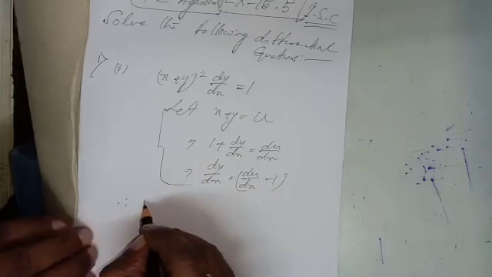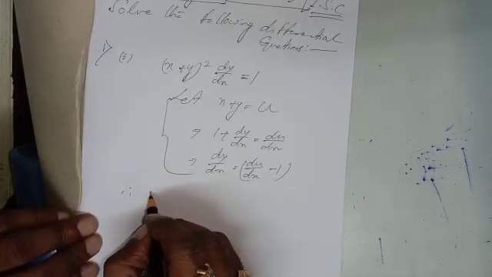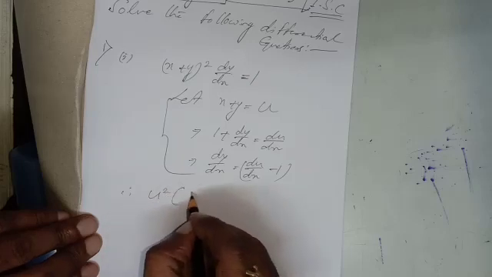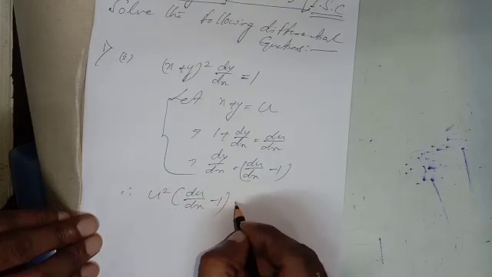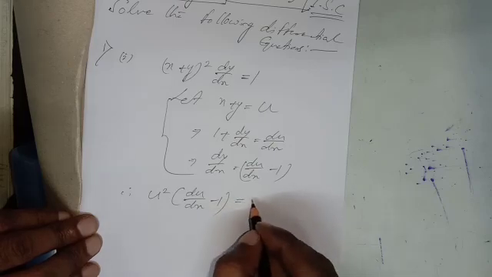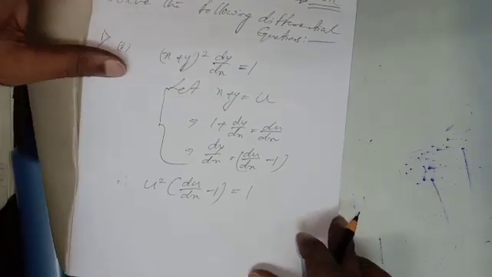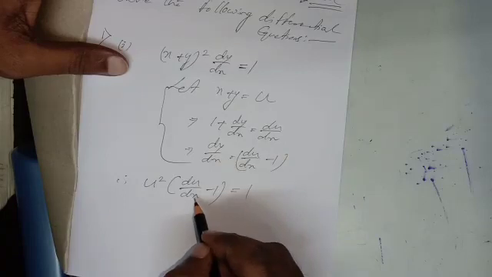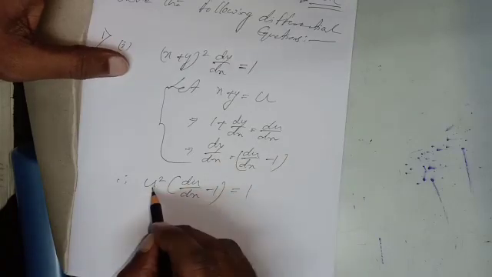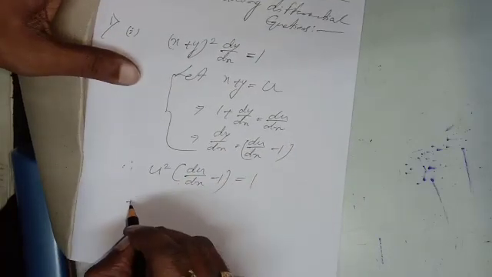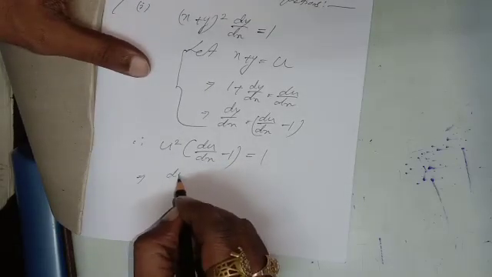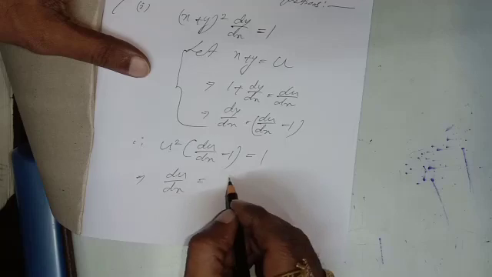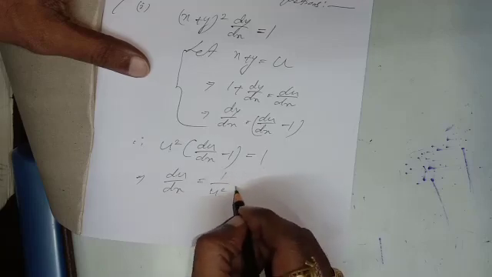Therefore, (x plus y) whole square, meaning u square, into (du by dx minus 1) equal to 1. Next, u square take that side, 1 by u square. Therefore du by dx will be 1 by u square plus 1.